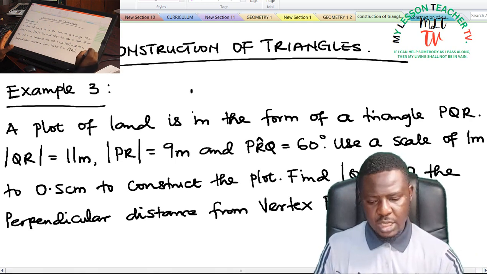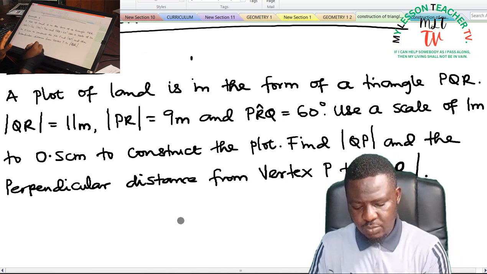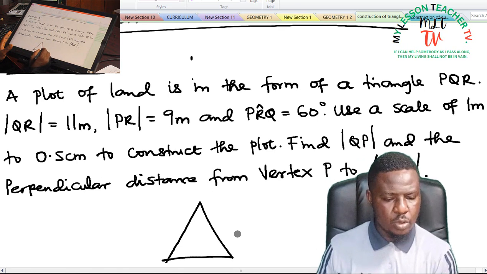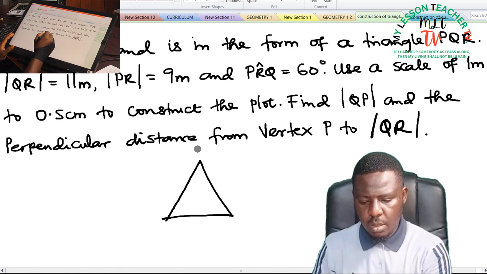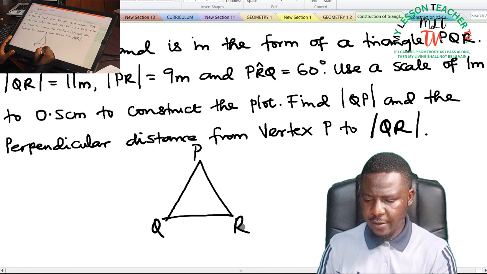So the question says a plot of land is in the form of a triangle. So let this be the triangle PQR. This is the triangle PQR.